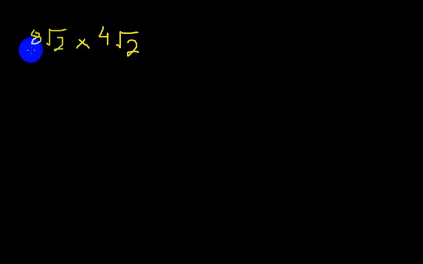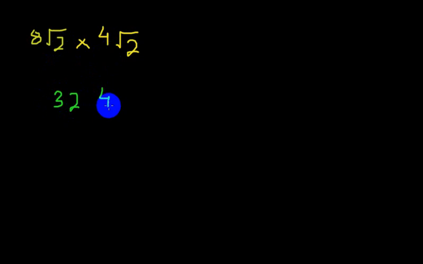The number outside here, which is 8, will be multiplied with the number outside here, and the number inside, which is 2, will be multiplied with the number inside the square root, which is 2 here. So let's multiply them and see what we get. 8 times 4 is 32, and 2 times 2 is 4.